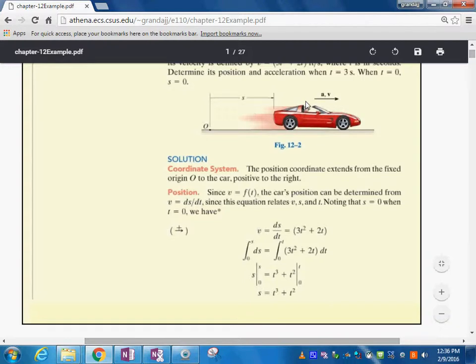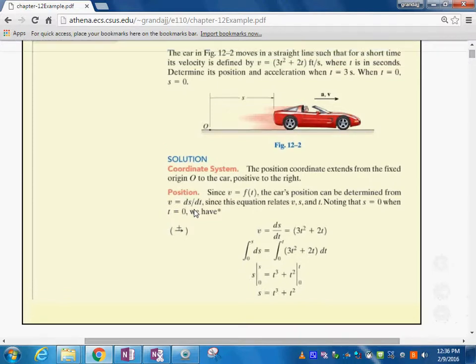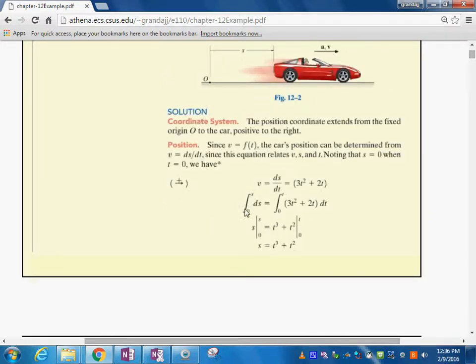Since the velocity is a function of time, the car can be determined by v is ds/dt. Since this equation relates v, s and t, in this case, when t is 0, s is 0. So the velocity is 3t squared plus 2t.